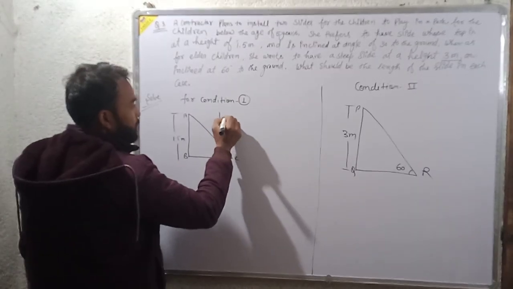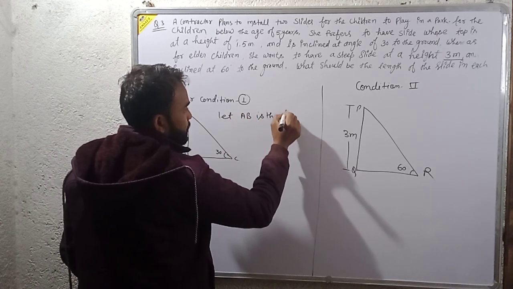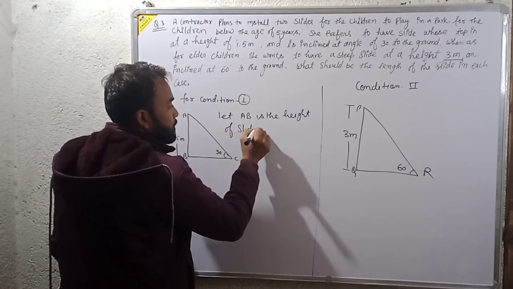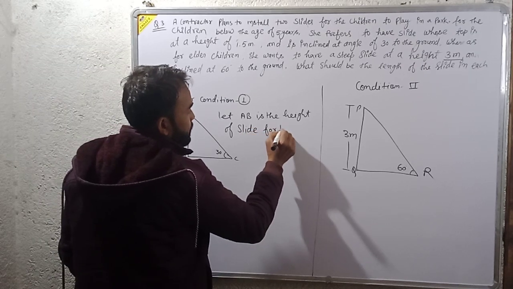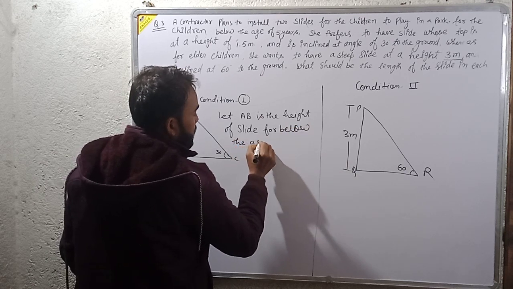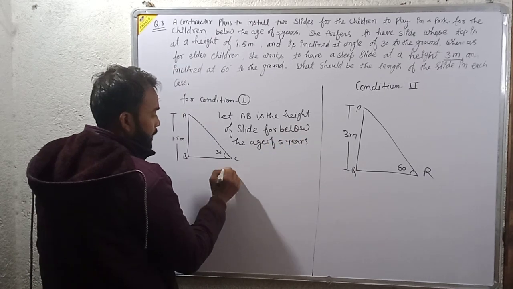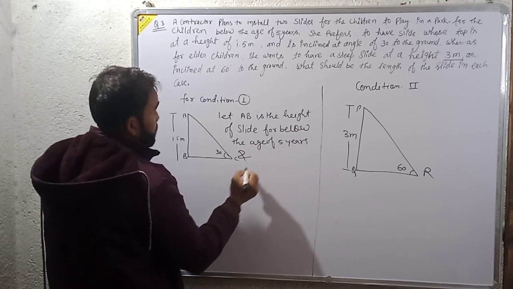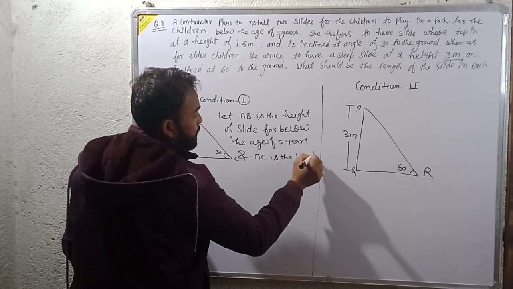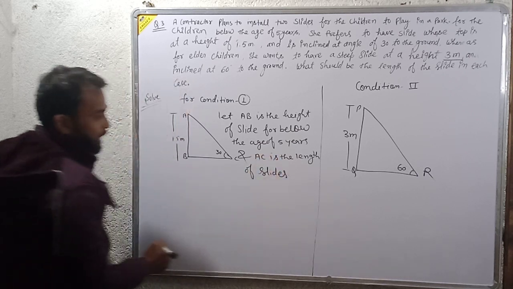Now let AB be the height of the slide for children below the age of 5 years and AC be the length of the slide.